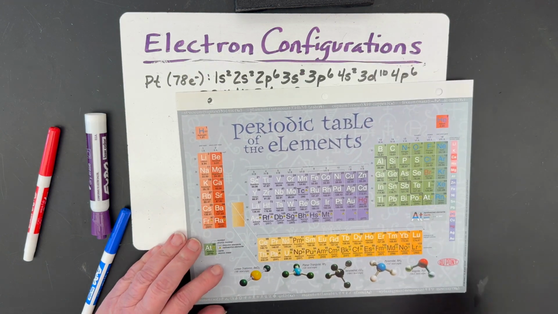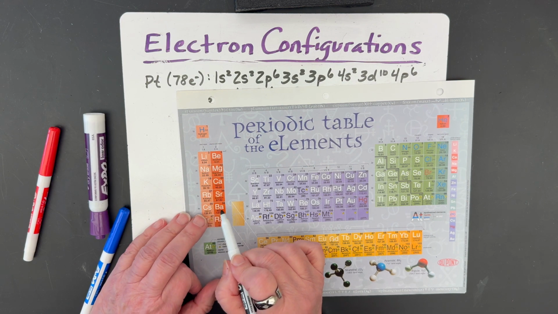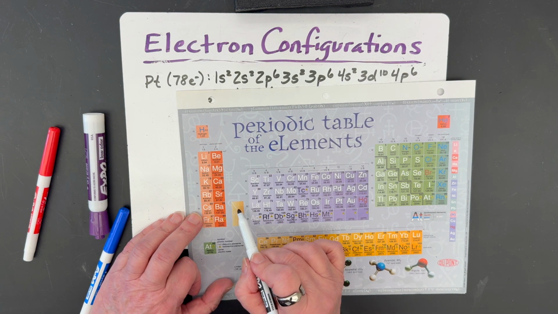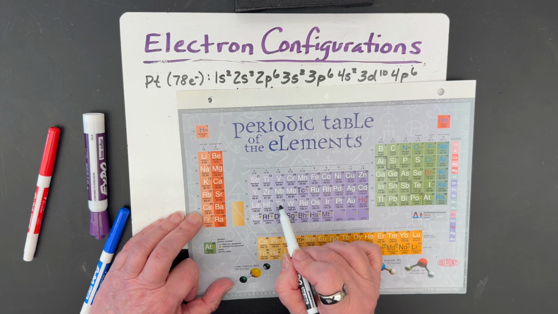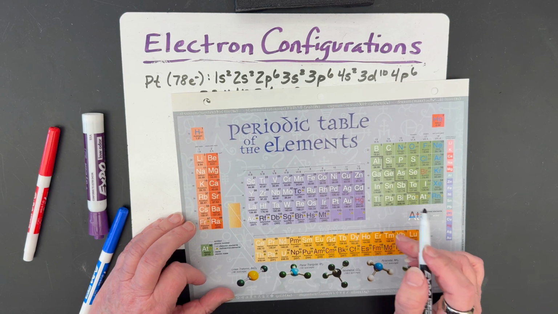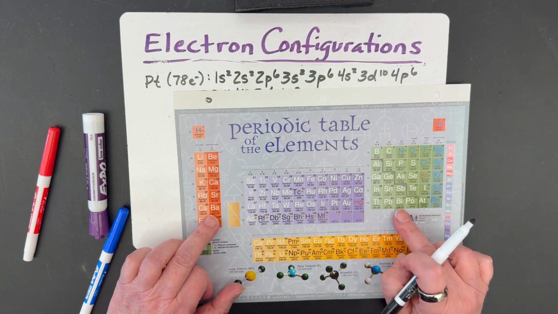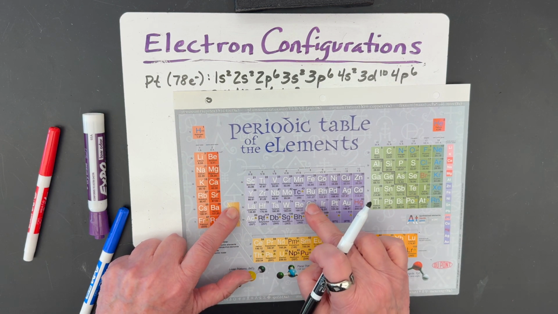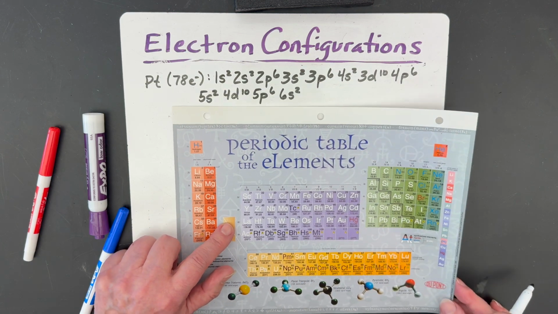So notice, while the S matches the row it's on, 6, the F is back 2. It's a 4F. The D is back 1. It's a 5D. P is the same as the row it's on. So S and P are going to be 6, but 4F and 5D in between there.